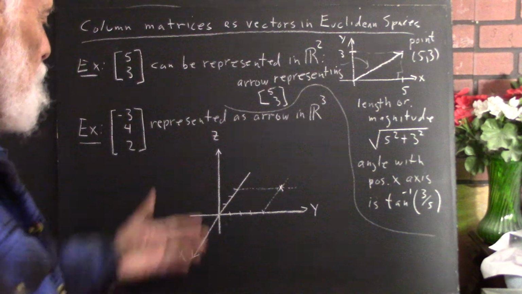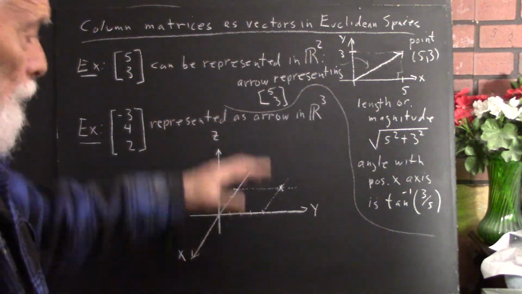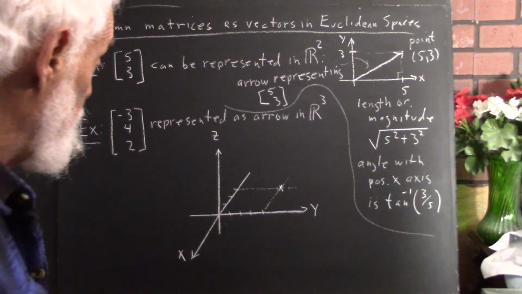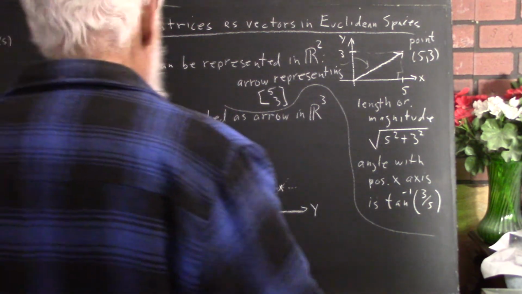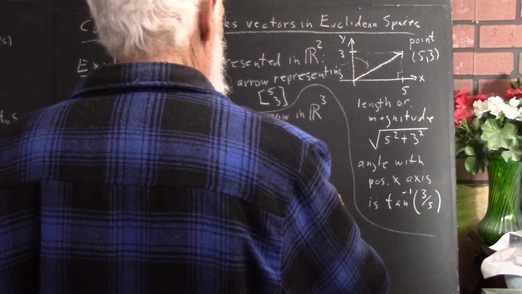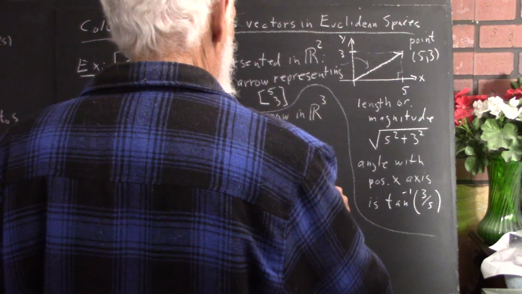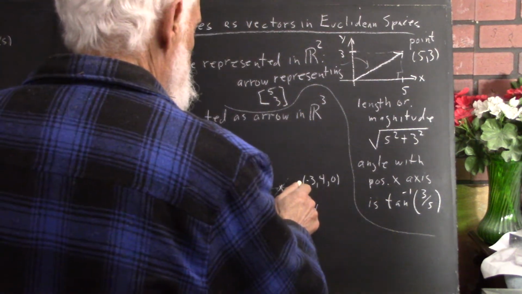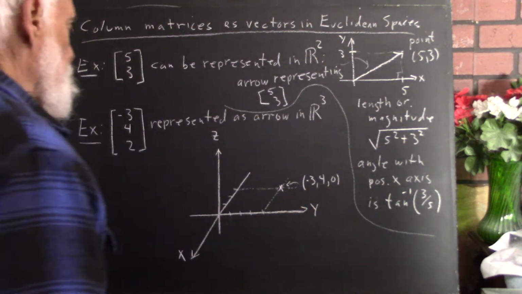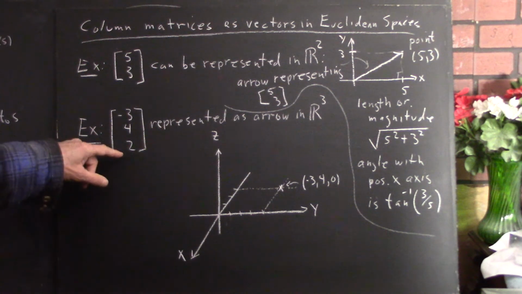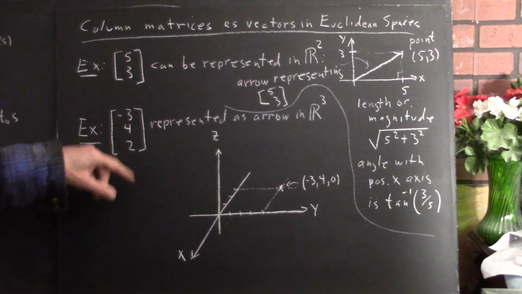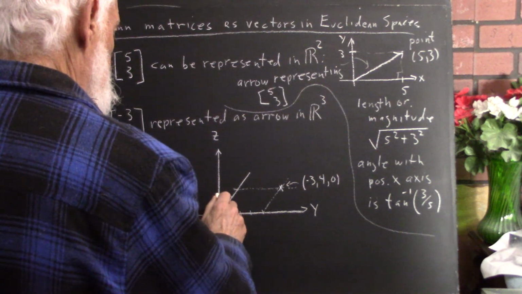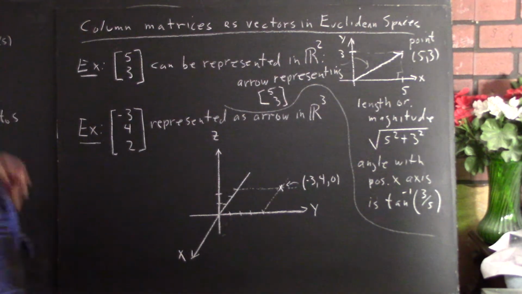And this point, of course, has a z-coordinate of 0 because it's down in the xy plane, and z is 0 in the xy plane. But we do have this point now, negative 3, 4, 0. Well, now we need a z-coordinate of 2. Here's z equals 1, here's z equals 2.